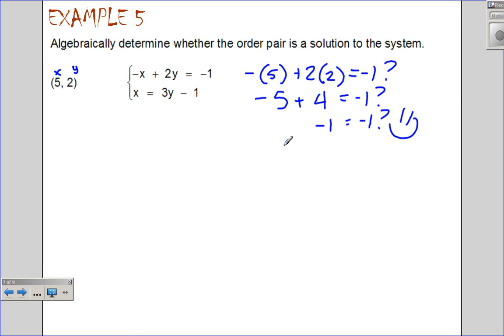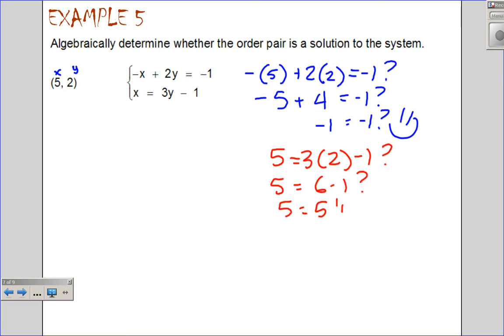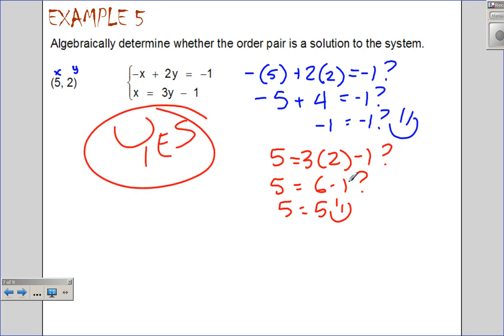So I have x, so 5 equals 3 times y, which is 2, minus 1. That's a question. Does 5 equal 6 minus 1? So is this ordered pair a solution? The answer is yes. I have 2 verified answers here, so it is a solution.